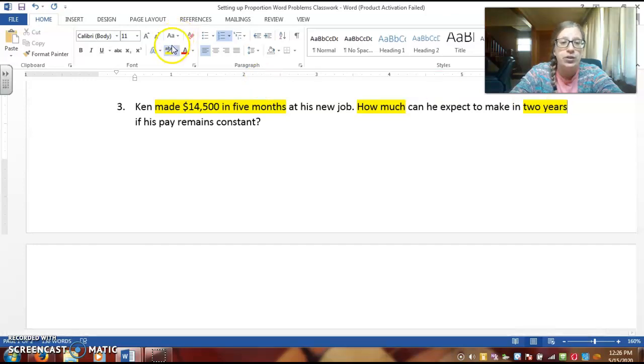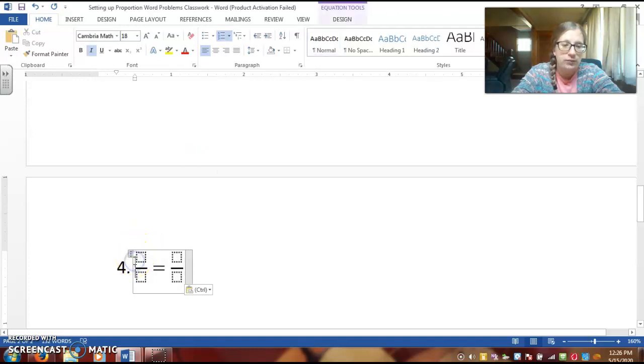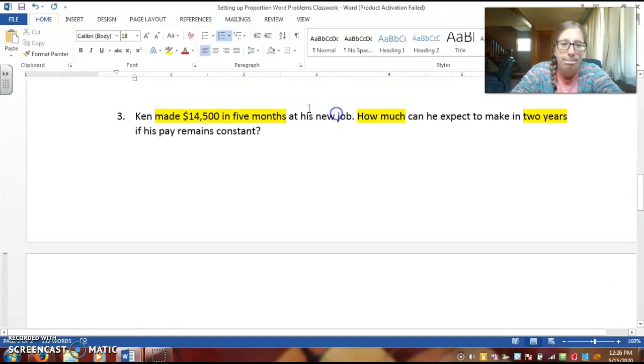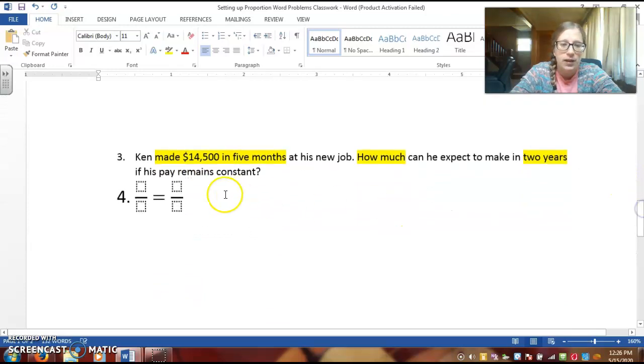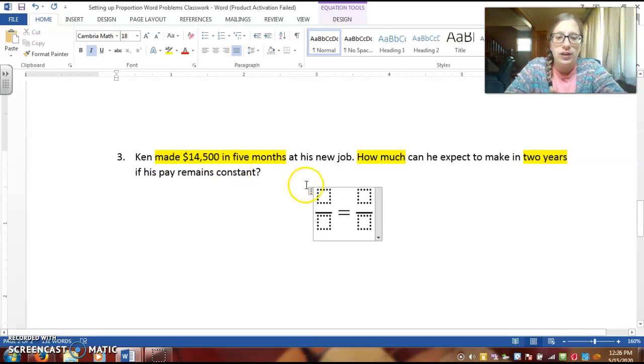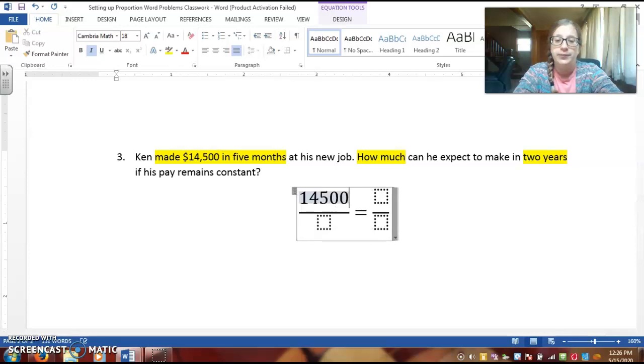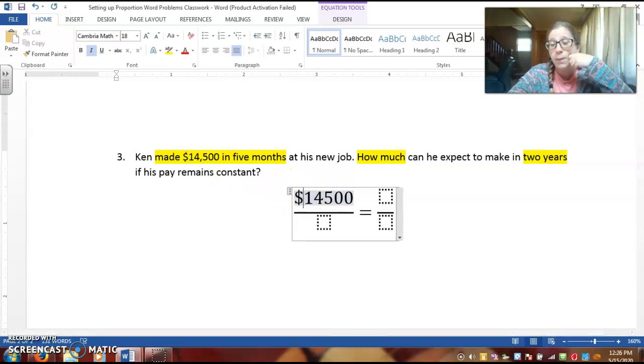Okay? So, if I go and set up my proportion, which I might need to squeeze this down a little bit. Give me one moment. There we go. And we'll get rid of this number. So, starting with the first sentence, 14,500. Notice how I don't have the dollar sign. We can put the dollar sign in the front to remind ourselves that's where the money belongs, but I'm not going to put the comma there.